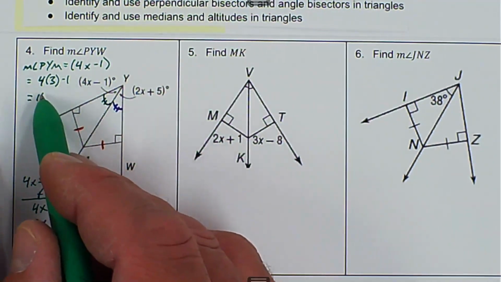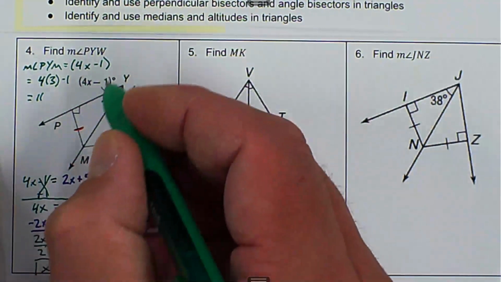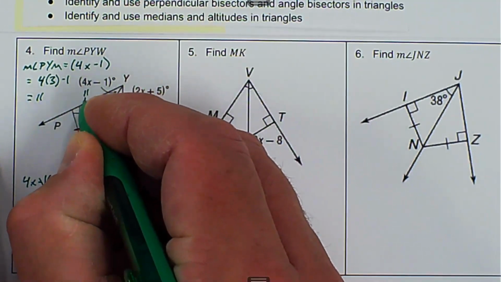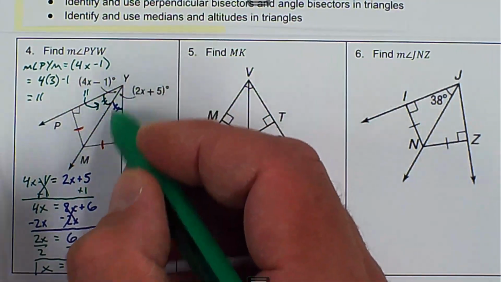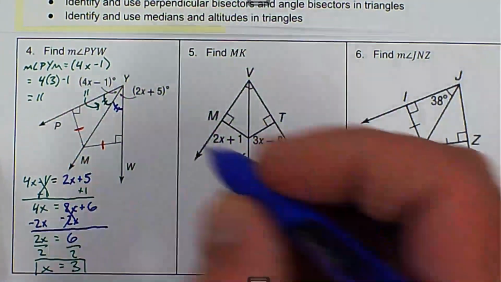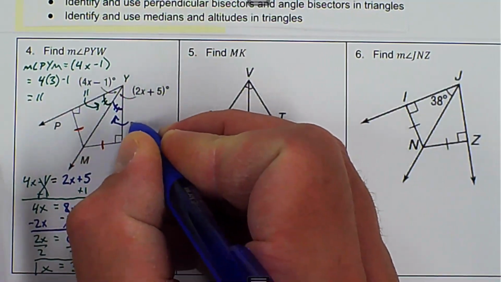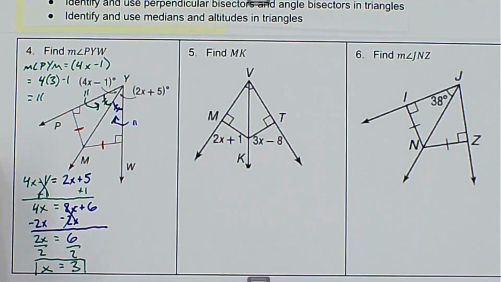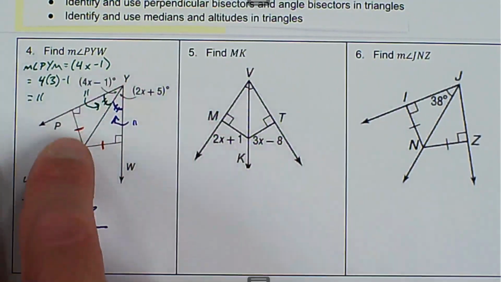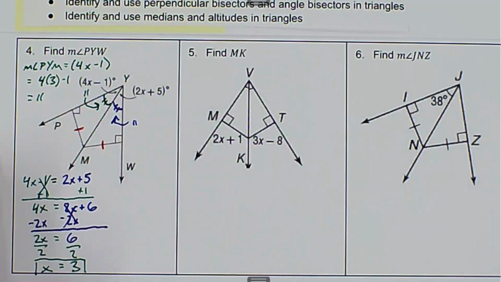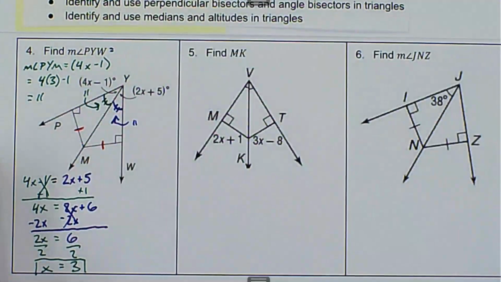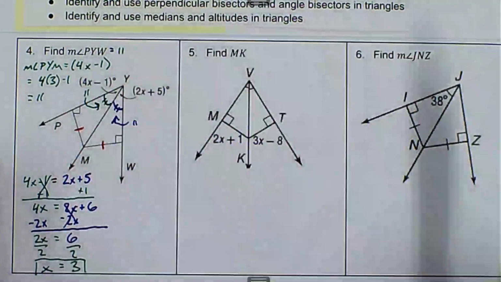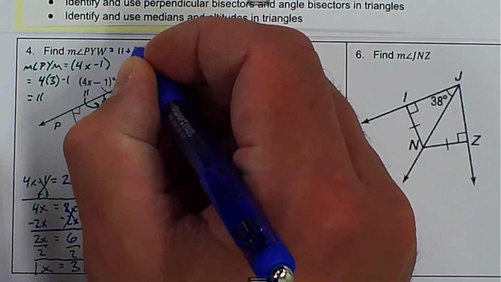So the measure of angle PYM is equal to 11. And then also WYM, because they're congruent, is also going to be equal to 11. So we can say the measure of angle PYW is equal to 11 plus 11, which is equal to 22.